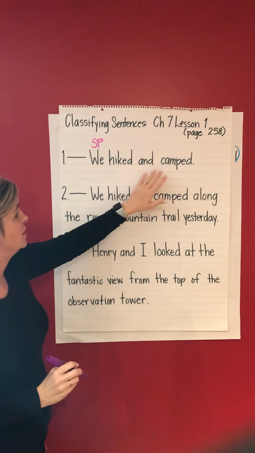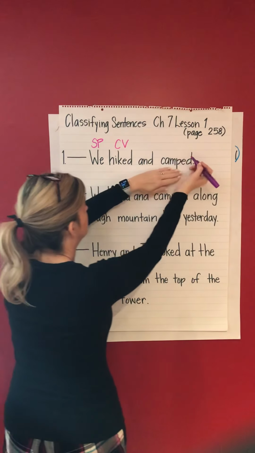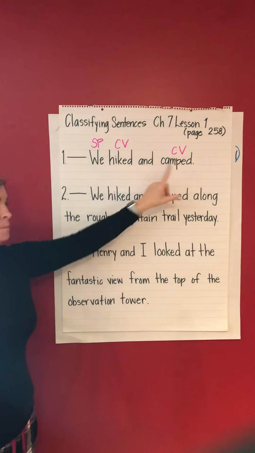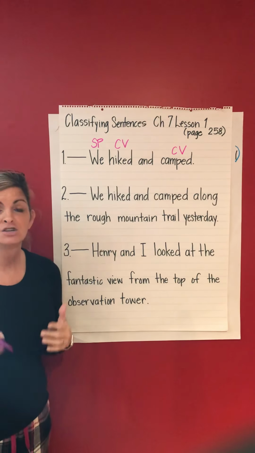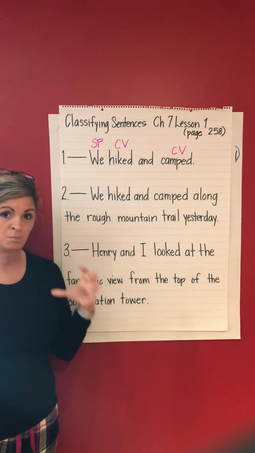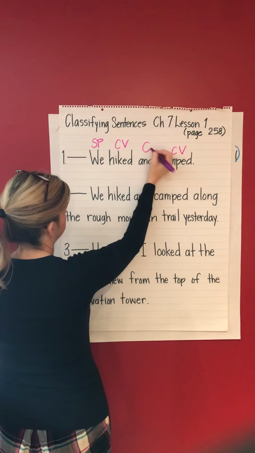We hiked and camped. Hiked, compound verb. Camped, compound verb. Now notice we add a C next to or in front of the V to show that there are two verbs in this sentence and they are compound parts.